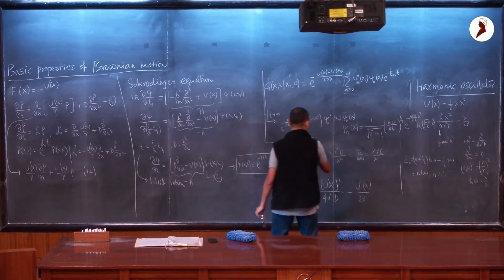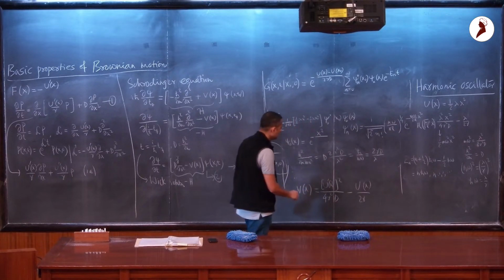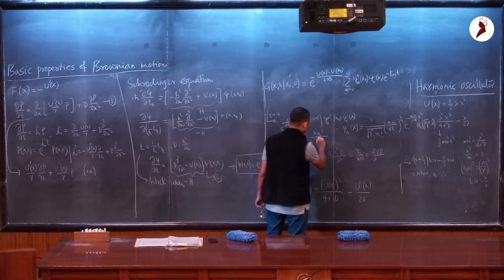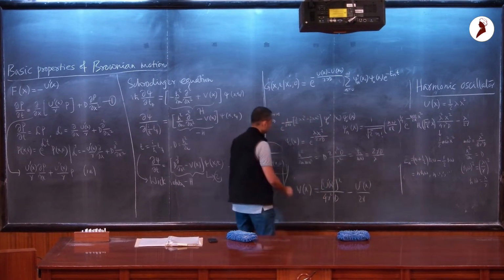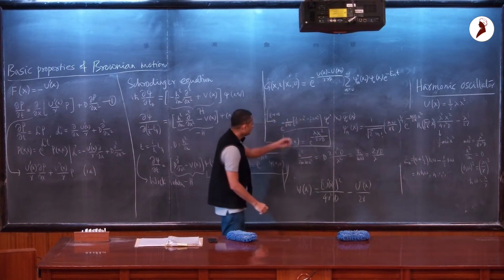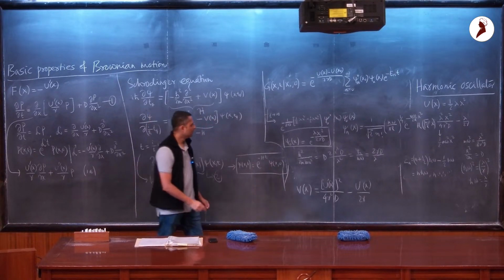So we have x² divided by λ going up with 2γt. Okay, so now let's put it there.